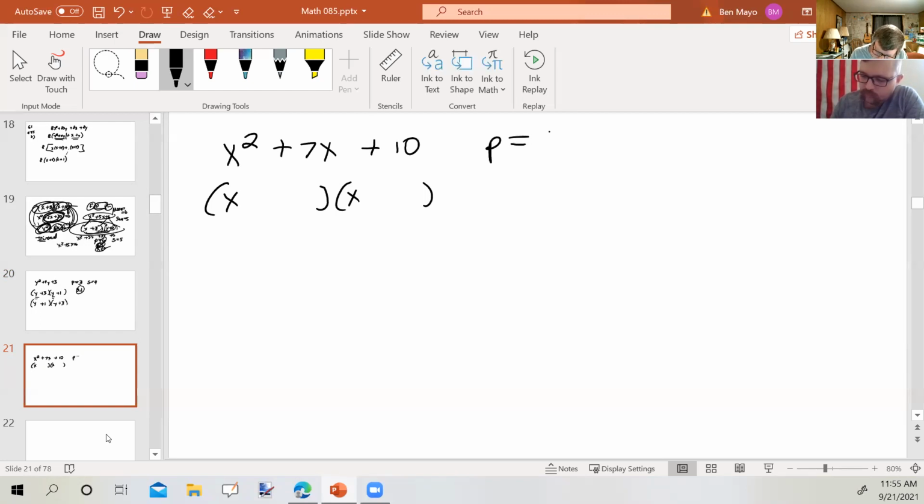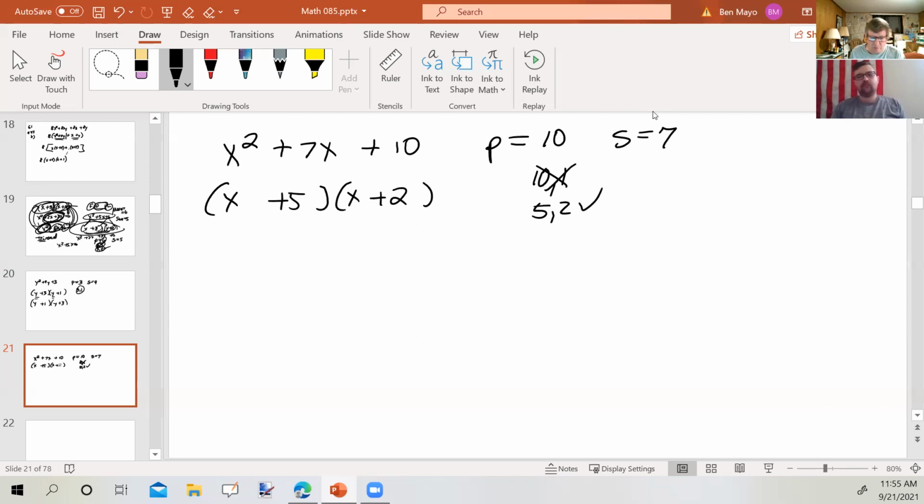I'm looking for two numbers whose product is 10 and whose sum is 7. All right. Two numbers whose product is 10. 10 and 1, 5 and 2. Okay, well, what's 10 plus 1? It's not 7. What's 5 plus 2? Bingo. So 5 times 2 is 10. 5 plus 2 is 7. So plus 5 plus 2.